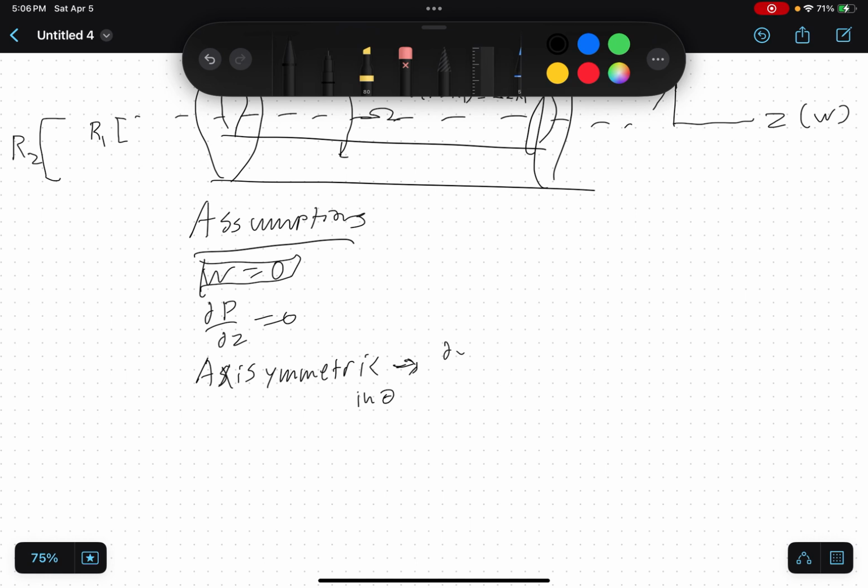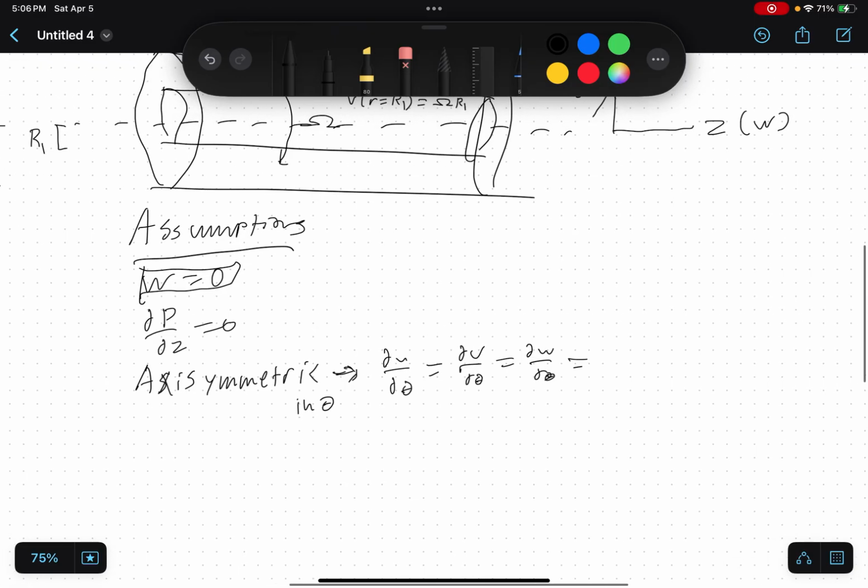And it means du/dθ equals dv/dθ equals dw/dθ equals dp/dθ equals 0.